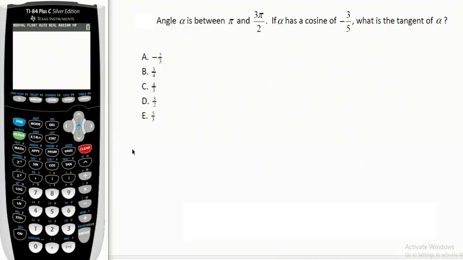So now let's store the value of cos inverse of negative 3 over 5. To do this, you press second button and the cos button for cos inverse, of negative 3 over 5.